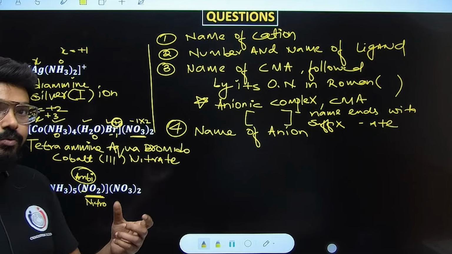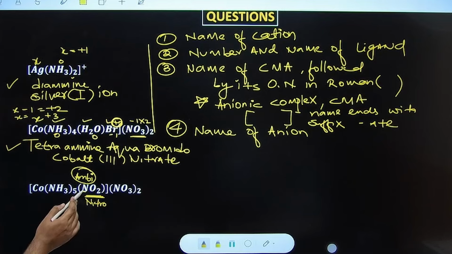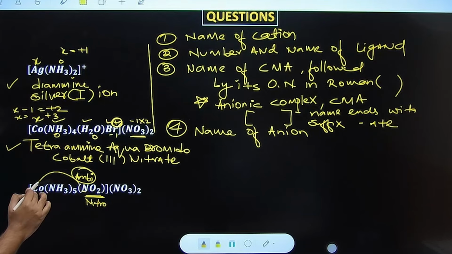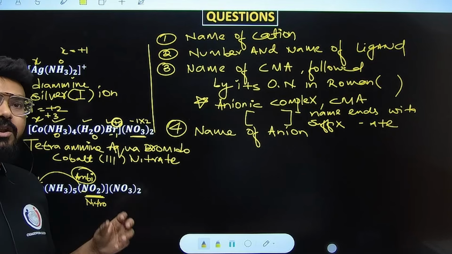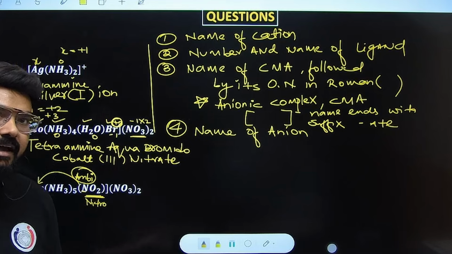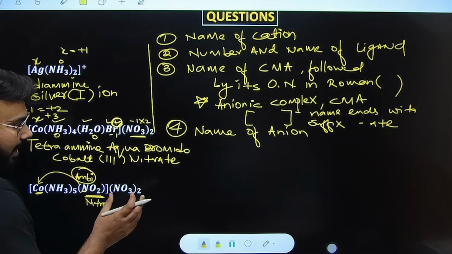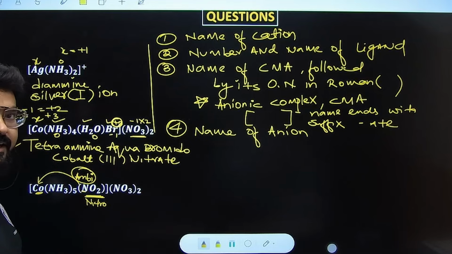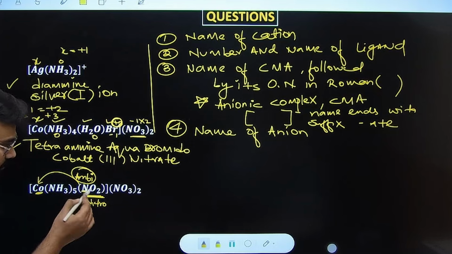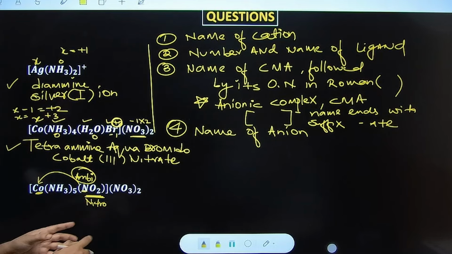When it's ONO, O is the donor center. So this N is basically the donor center for the central metal atom. So the additional rule for ambidentate ligands says that before writing the central metal atom name, you have to indicate the donor if it is ambidentate. I will show you the name how.